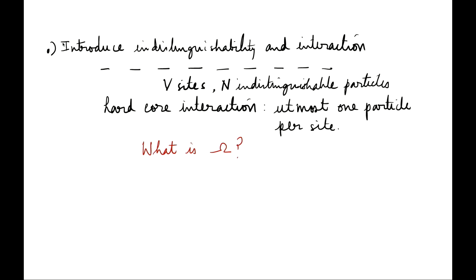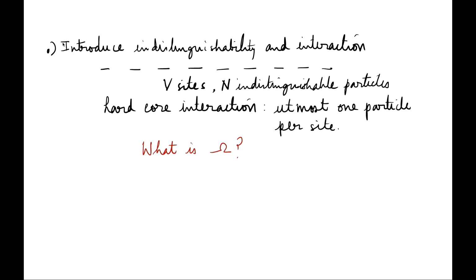So let us make the most basic sort of interaction, which is to say I have V sites, n indistinguishable particles, but they have a hardcore interaction, which means that maximum there can be only one particle per site. Two particles cannot sit on that site. Okay, so now I have made them really hard particles, so they cannot sit on top of each other.